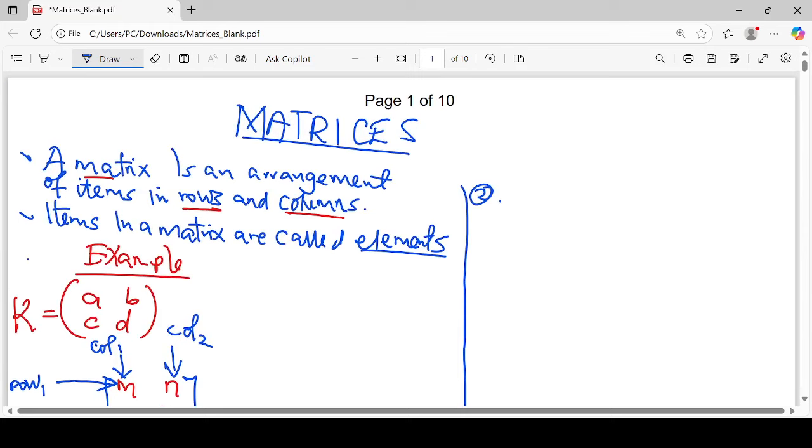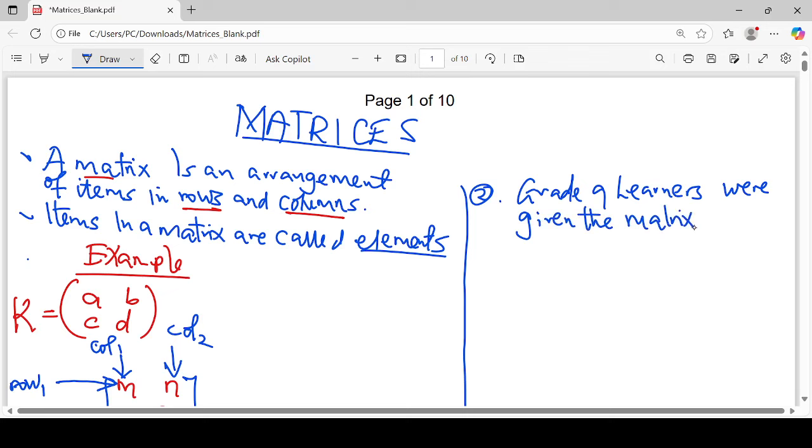In our question number 2, we can say grade 9 learners were given the matrix below. Let's look at the matrix they were given.